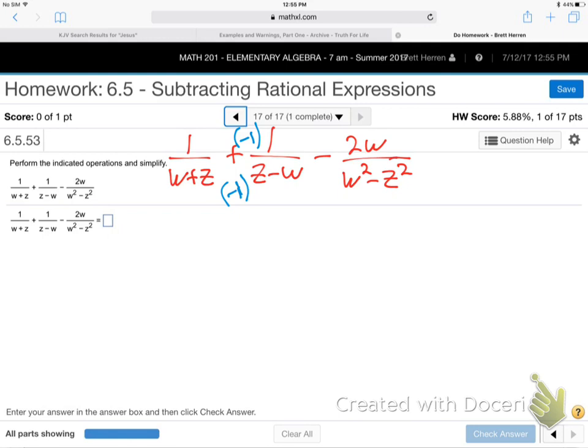Multiply top and bottom by minus 1. To get that middle one to turn around, boom, boom, we get negative z plus w, which is w minus z.